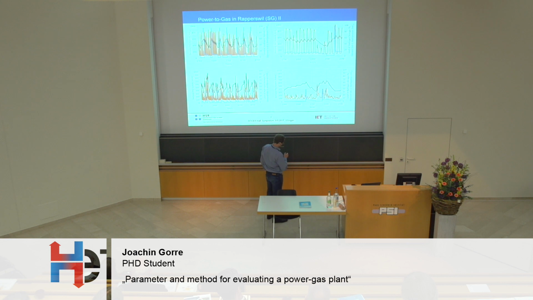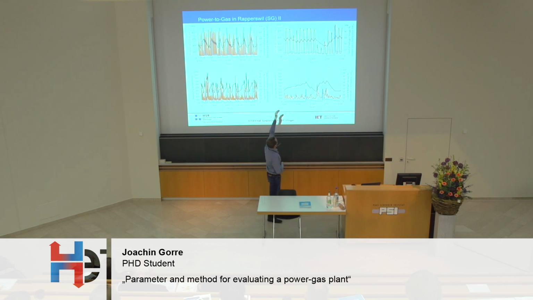It's filled up until a specific amount, and then the methanation starts, operates for a few hours, and then comes down again to the cold standby mode. And this happens all the time over the whole year.